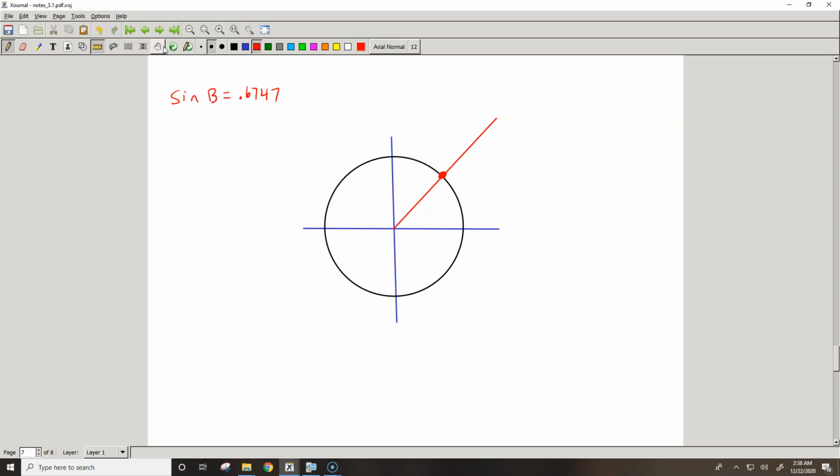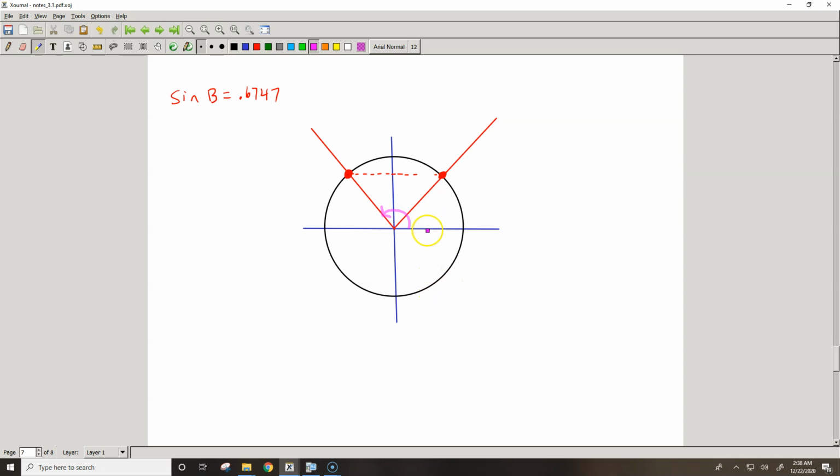Now, why does it make sense that there are two answers? Because on the unit circle, there are two places where the sine can be 0.6747. The other angle is over here in quadrant 2, which is where we got the 137 degree angle.